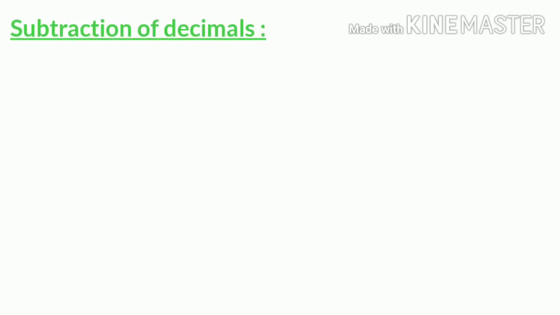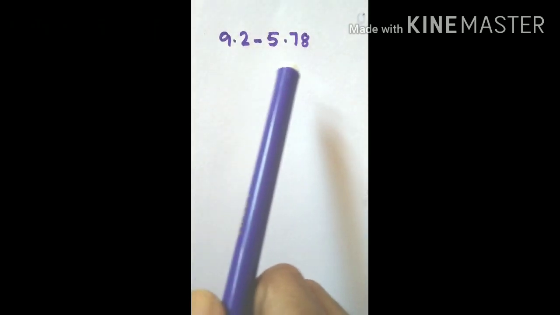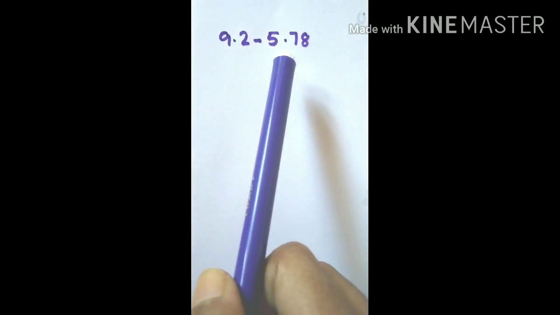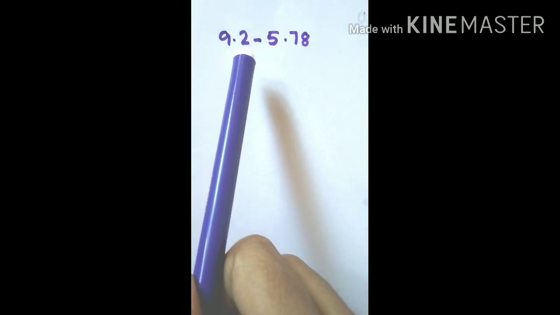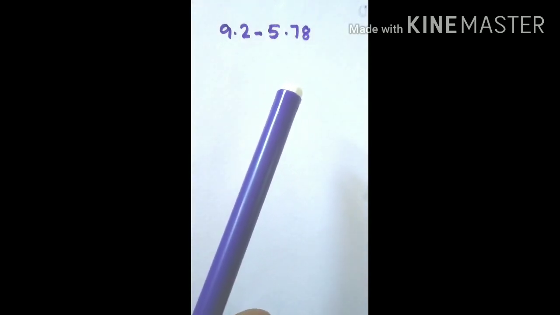Now we will learn about subtraction of decimals. Students, look at this question. In this question, we have to subtract 5.78 from 9.2. Students, even while subtracting decimals, we will first check whether the decimals are like decimals.